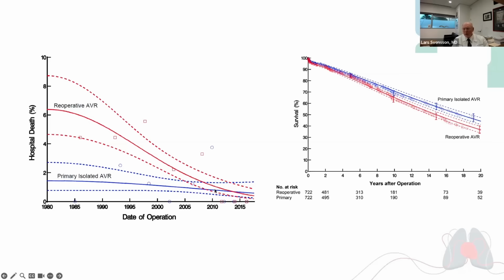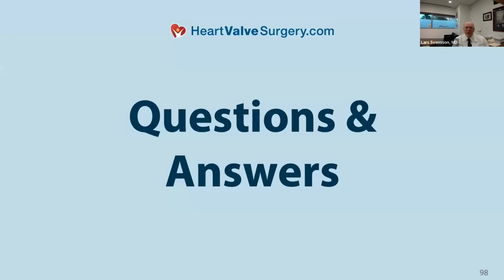Since 2010, the risk of having a reoperation aortic valve replacement at the Cleveland Clinic is no higher risk than the first operation. And that particularly is important when you think how you may need to manage a reoperation for a biological valve. And so this is a very safe operation here at the Cleveland Clinic.